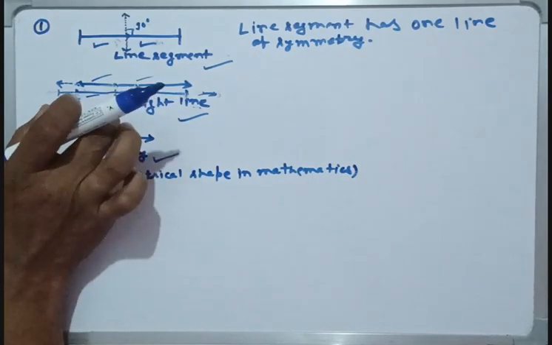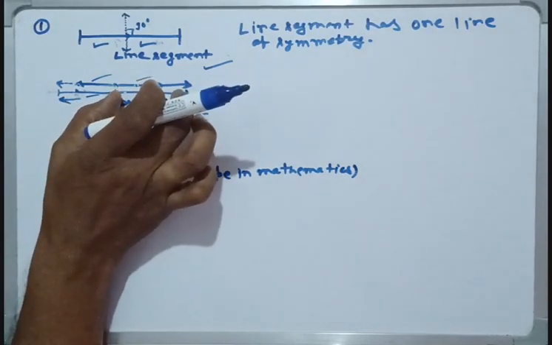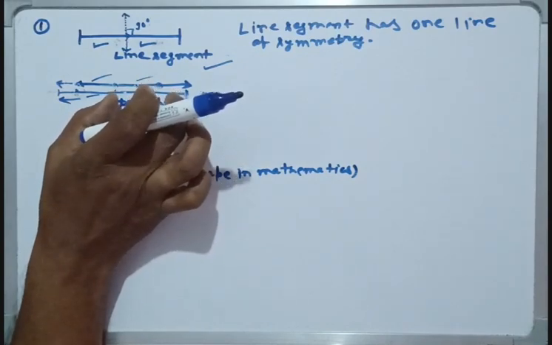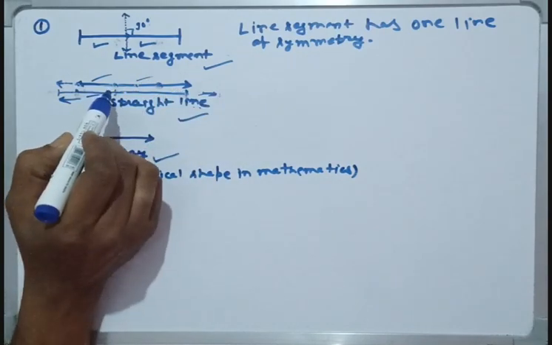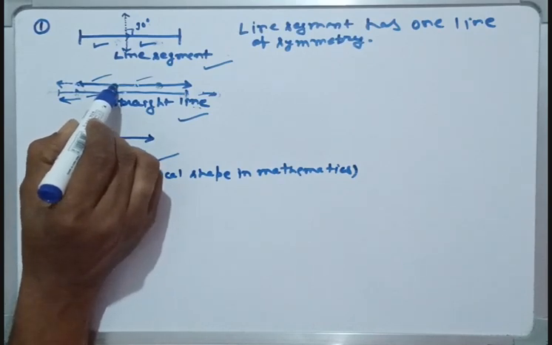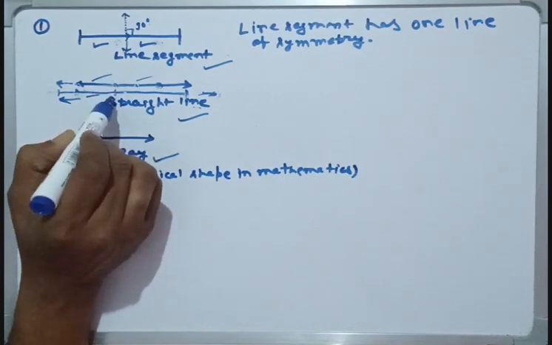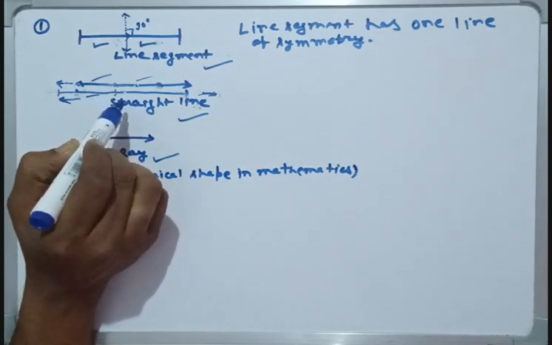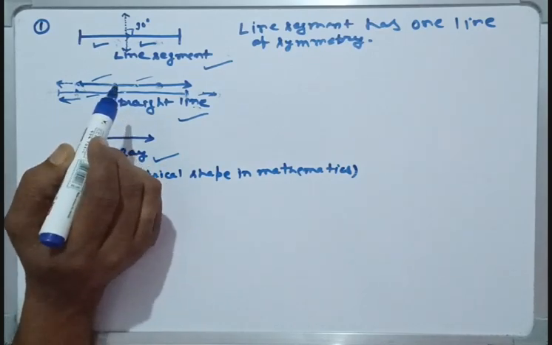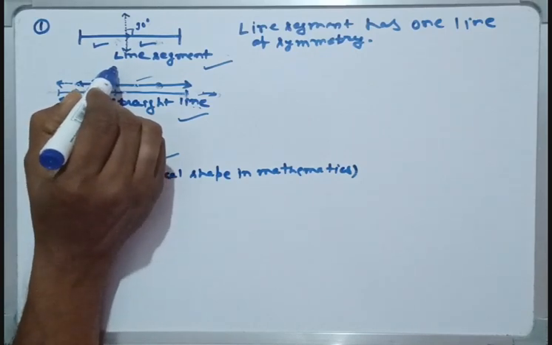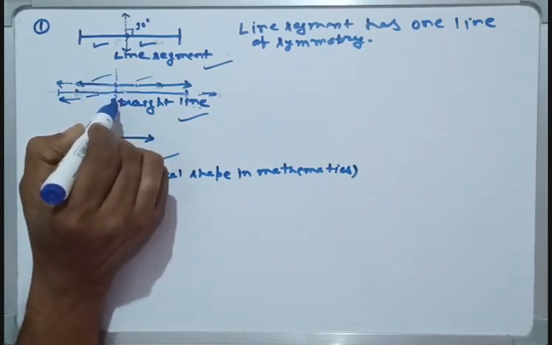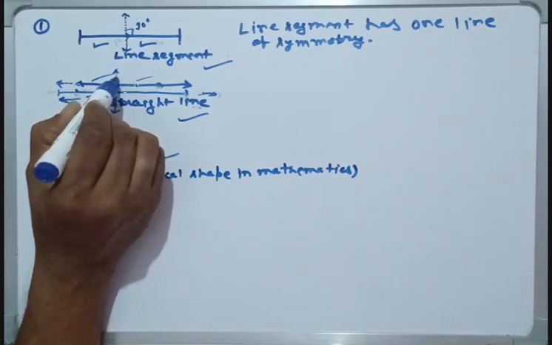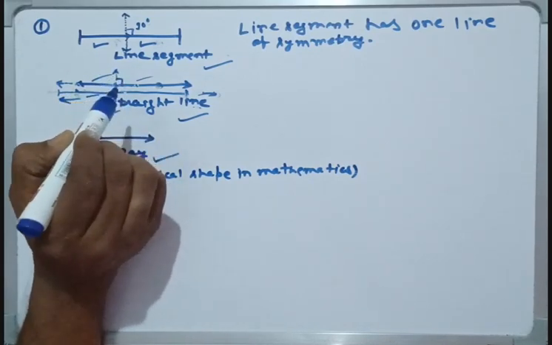Physically you can see that the two lengths are equal in size. So what we conclude here is that this midpoint divides this straight line into two equal parts. Okay guys, now suppose this one is one imaginary line, which is perpendicular to this straight line.